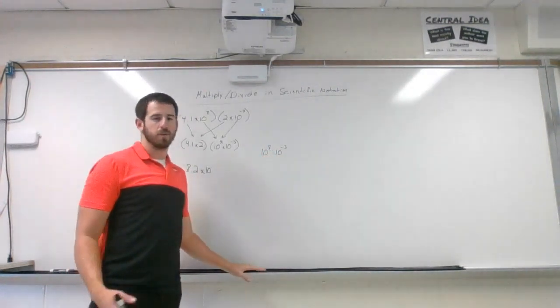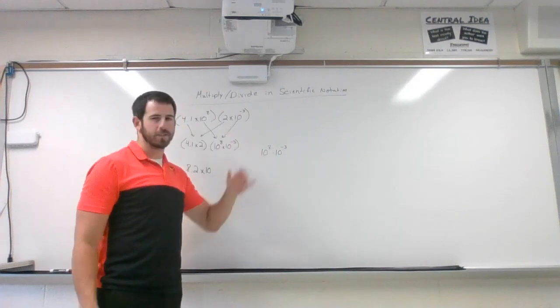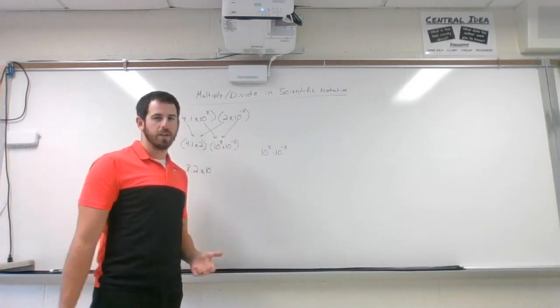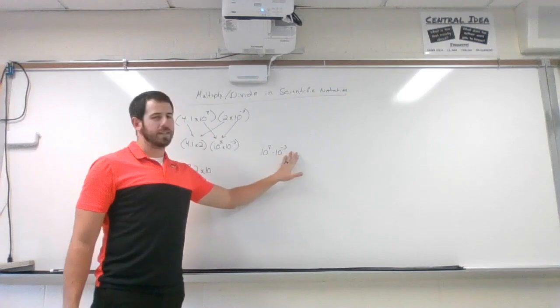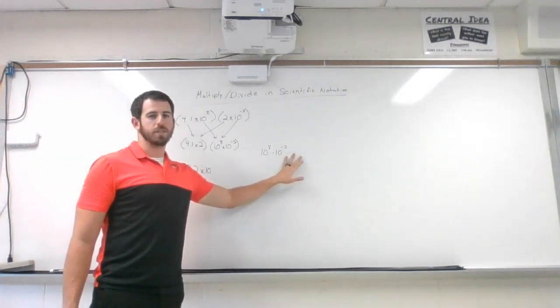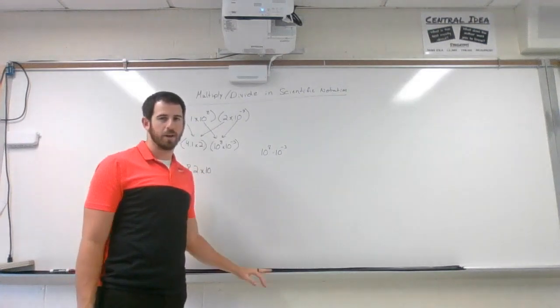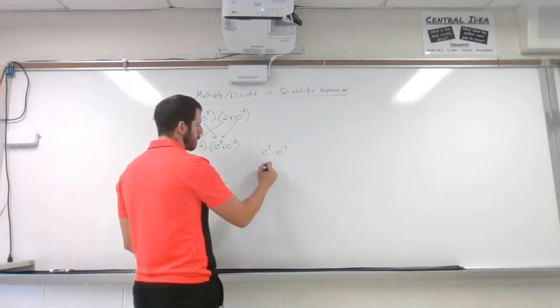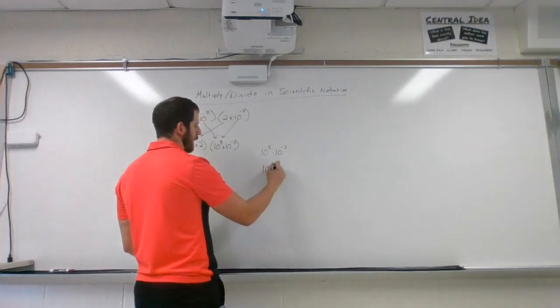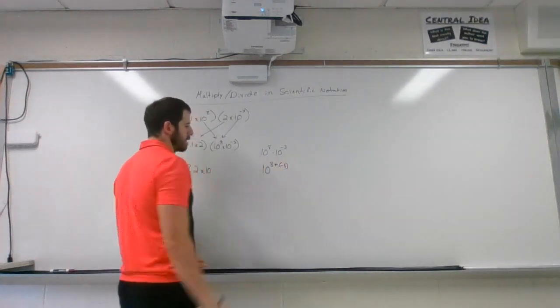Okay, that was the first rule. When multiplying, we add the exponents. We kind of talked about how many 10s do I have. We also talked about negative exponents. Okay, I told you need to be careful when dealing with negative exponents because it's going to change the math up a little bit. Okay, if I were to write this out, it's going to be 10 to the 8 plus a negative 3. Okay?